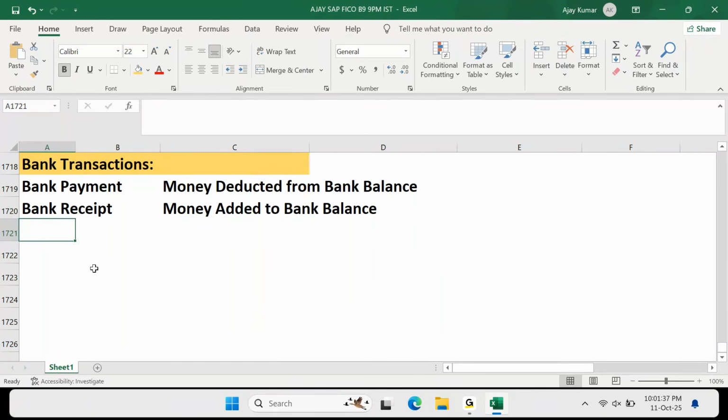Now, if you look at your day-to-day generic bank transactions, majority of the time we don't do cash transactions, right? In the current day-to-day life, you go have tea, you go have breakfast, you go buy anything, nobody will carry cash. You will do bank payment. There are different ways to do bank payment.